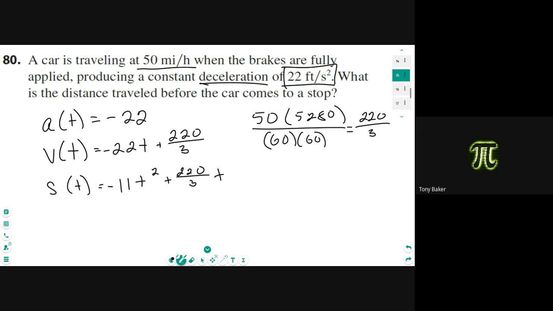Which one of these equations would be 0 when the car stops? My velocity. Velocity will be 0 when the car stops, right? So I'm going to set that equation equal to 0.